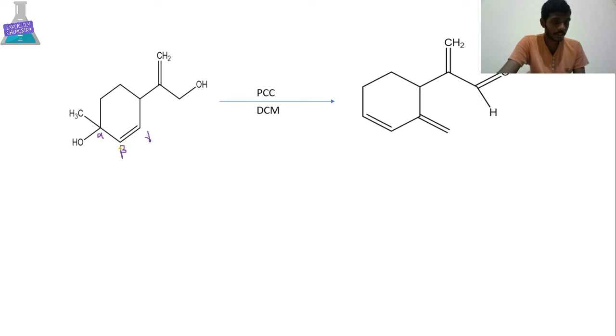If the double bond is between beta and gamma, the carbonyl will attack at the gamma position. Here the carbonyl will be generated, and this bond will move over here. That's the product of this reaction. And this alcohol is also oxidized to aldehyde.